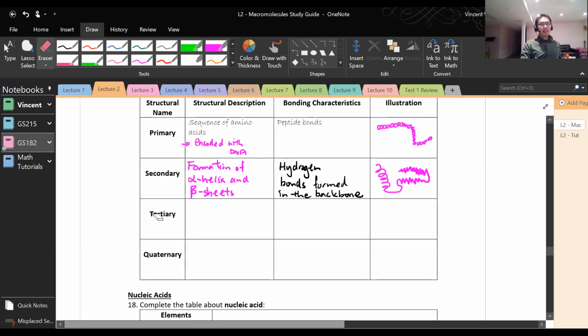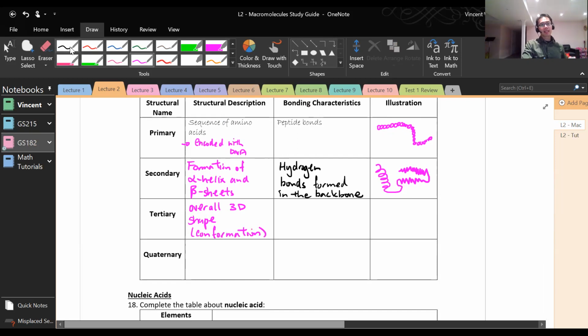Next, we have the tertiary structure, which is basically the overall three-dimensional shape. We have a name for that. It is called conformation. Okay, and what holds them together, the bonding characteristics, is going to be the interaction between the side chains.